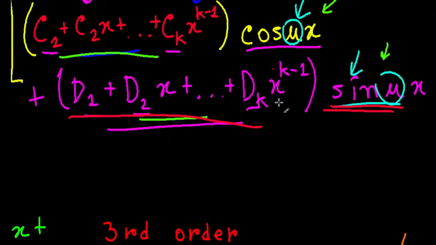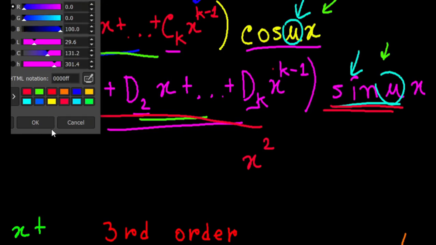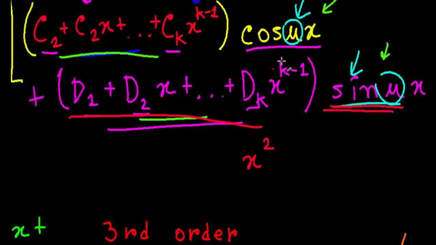And your polynomial here goes up to x squared, right? Or at the very least it goes up to x squared. So we know that the pair of roots we're talking about is repeated k times. If it's repeated k times, the highest power here is going to be k minus 1.